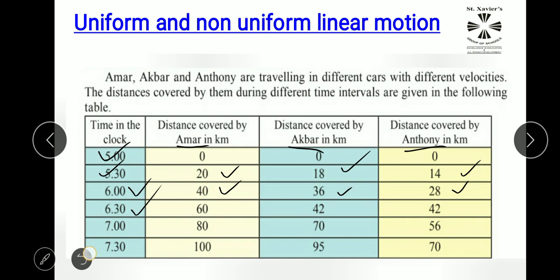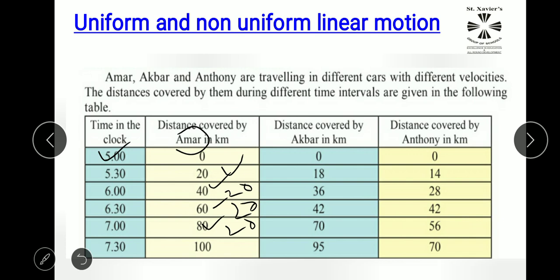The distance traveled by Amar in the first half an hour is 20, then 20 again, it becomes 40, again 20 it becomes 60, again 20 it becomes 80, and this way the total distance is added up with 20 kilometers.